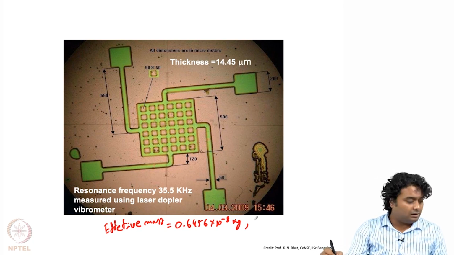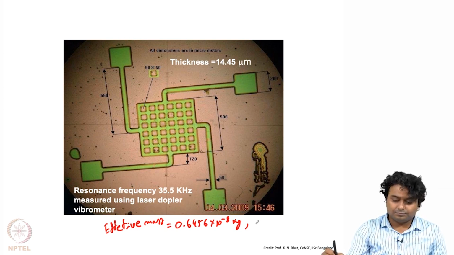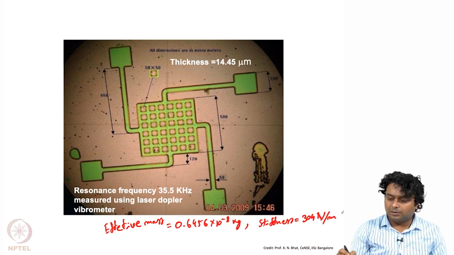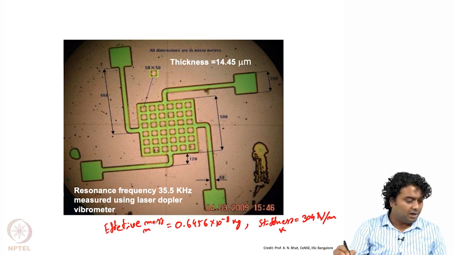The effective stiffness is equal to 304 Newton per meter. So this is K and this is M.